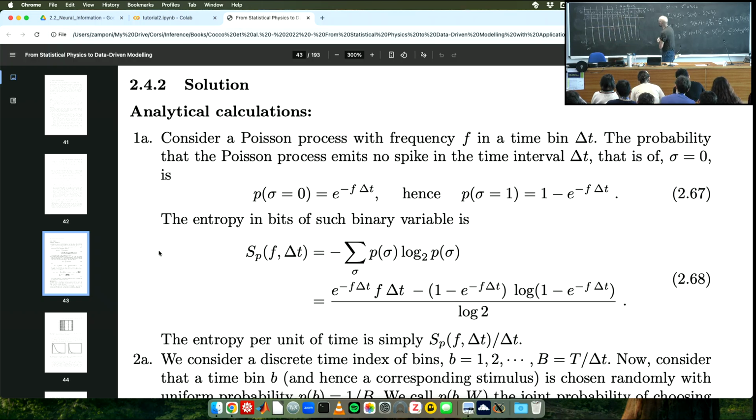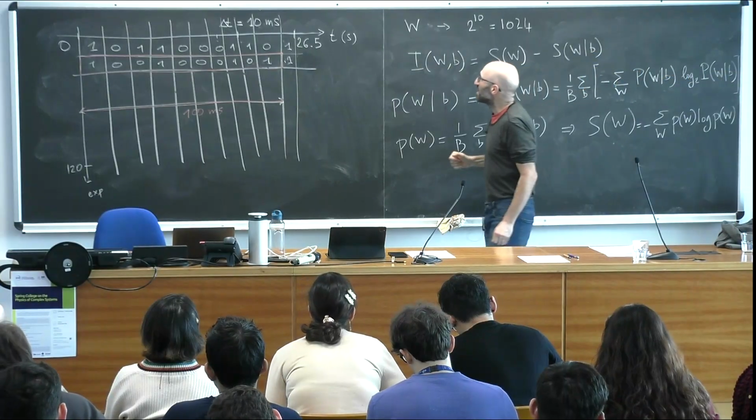To do so, they look at these quantities. In any given set of 10 intervals, you can have one of 2 to the 10 words. They call these words W.